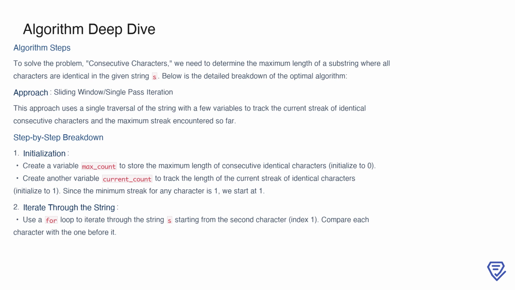Initially, max_count is set to 0 because no streak has been observed yet, and current_count is set to 1 since every character, at a minimum, forms a streak of length 1. As we iterate through the string starting from the second character, we compare each character with the one before it. This setup allows us to build our streaks dynamically and efficiently as we move through the string.